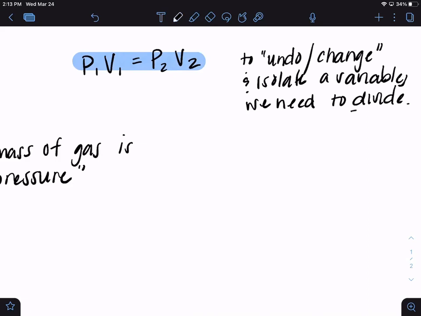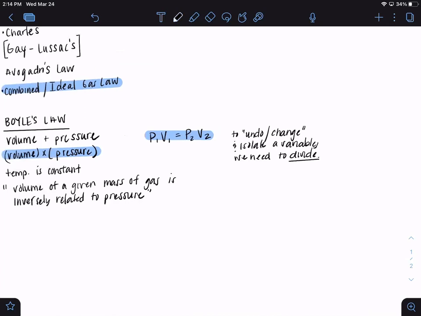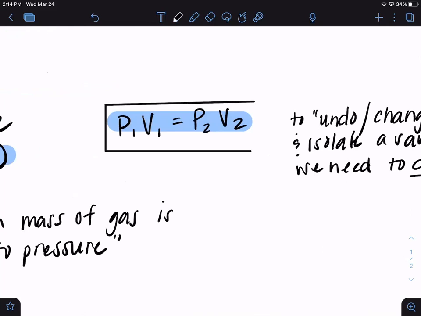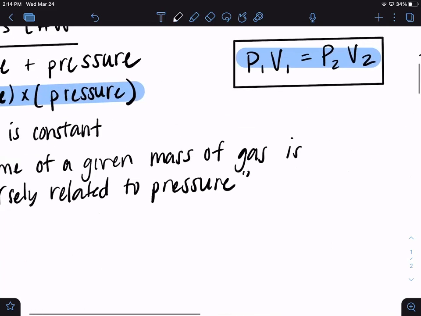And that's the same as saying something is inversely proportionate. It's usually going to be in a fraction form, so we will be dividing. So this right here, P1V1 equals P2V2, is one of the equations that you will be familiar with when it comes to gas laws. And this is Boyle's law.